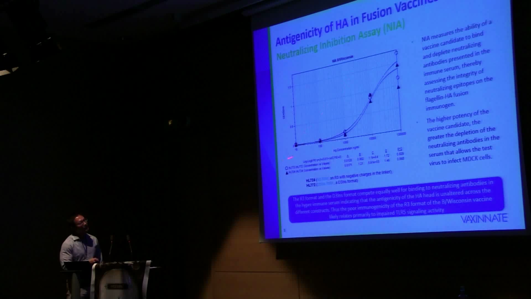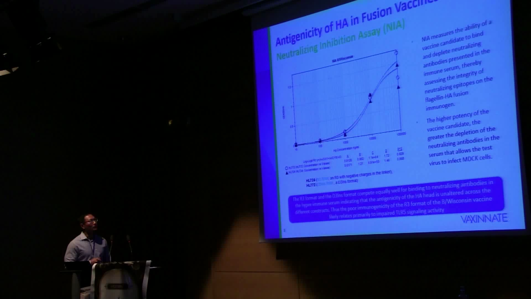As shown here, we compared the R3 and D3 insertion formats. Basically, they're very similar. The R3 format and D3 insertion format competed equally well for binding to the neutralizing antibodies in the immune serum, indicating that the antigenicity of the HA head is unaltered across the different formats.